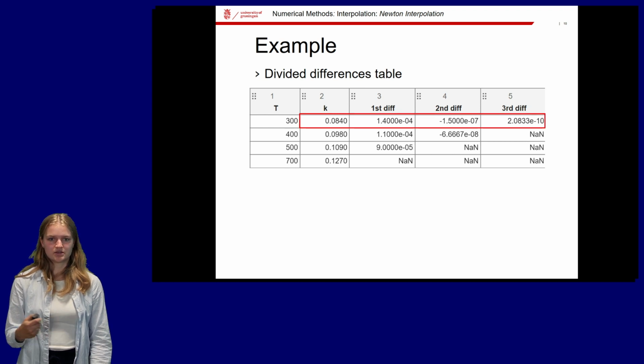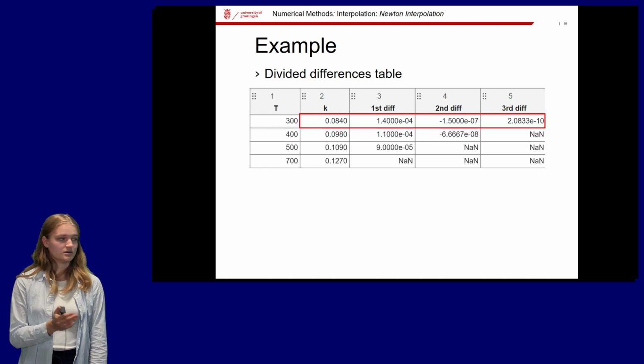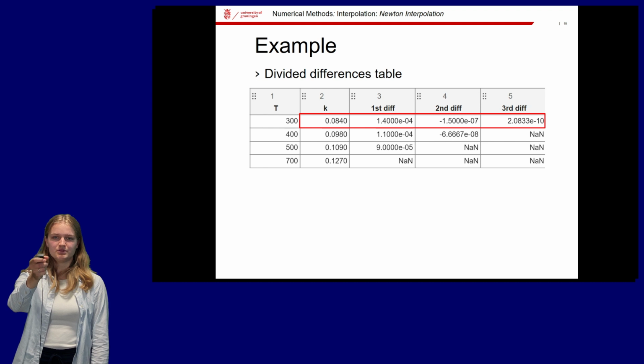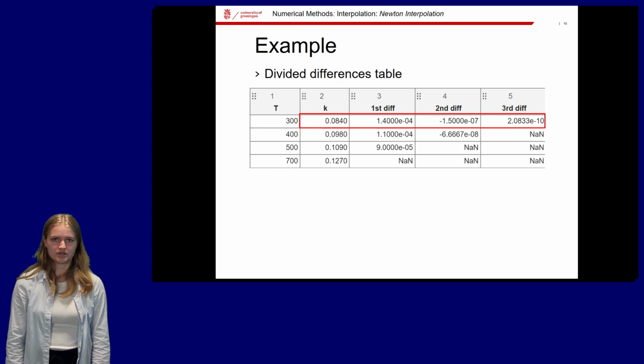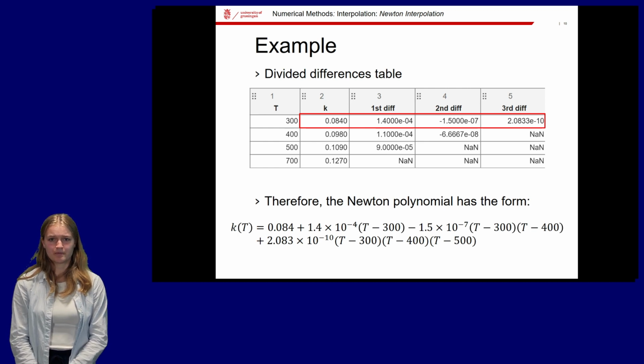So as you can see, the coefficients B0 until B3 are going to be the first column of this table. We can plug those in to the expression for the Newton polynomial, and then we obtain this equation.